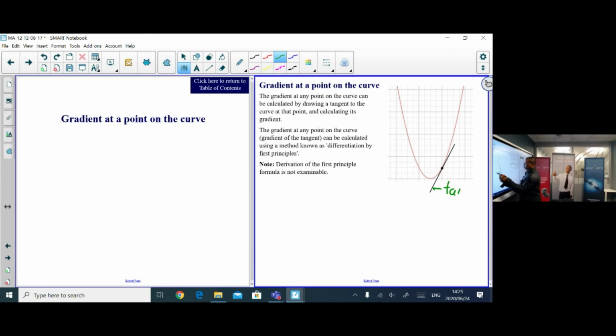It means a line that touches the curve at one point, and you must make sure that it's kind of symmetrical, this side and this side, so that you will be able to measure things correctly. The gradient at any point on the curve can be calculated using the method of differentiation from first principles.